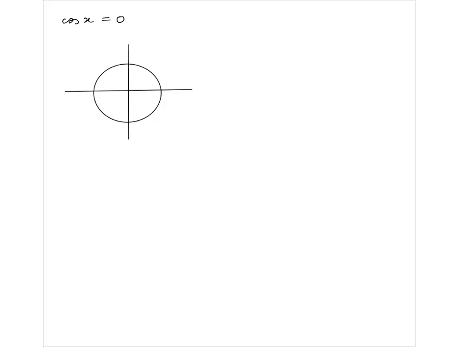The x coordinate is 0 here also, here also. So clearly, x is an odd multiple of pi by 2, where n is any integer.